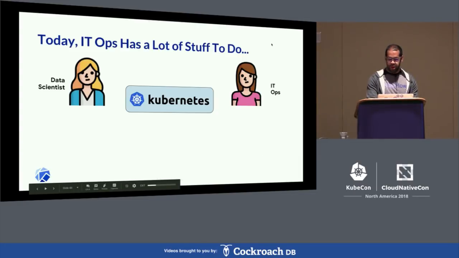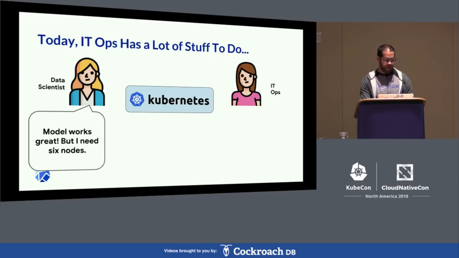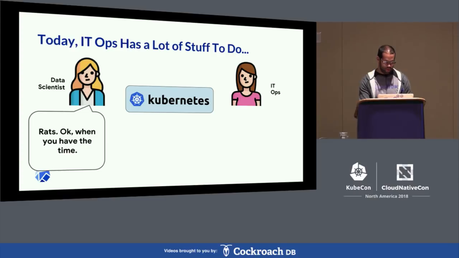Autoscaling. Now here we have a conversation going on between a data scientist and IT ops. Tell me now if anybody recognizes this as we go forward. Model works great, but I need 6 nodes. Sure thing. Can I get to it after the 100 things I have to do today? All right, well, when you have time. Time passes, time passes, time passes.